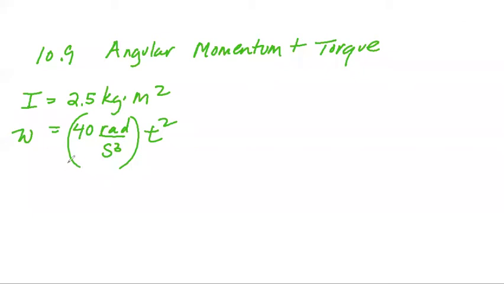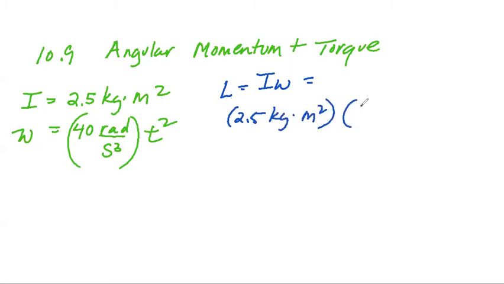Okay, the angular momentum, L equals I omega equals 2.5 kilograms meter squared times 40 radians per second cubed times t squared. That's the function.